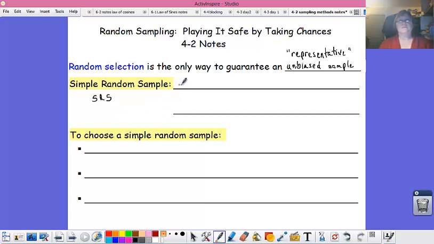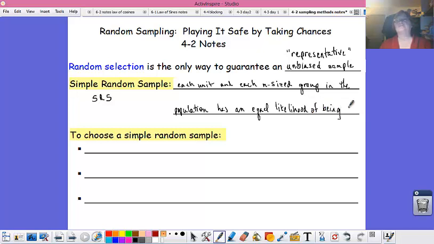In a simple random sample, each member of the population, or each unit, and each n-sized group in the population, so if you pick a value for that variable, has an equal likelihood of being selected. Let me explain what I mean there.